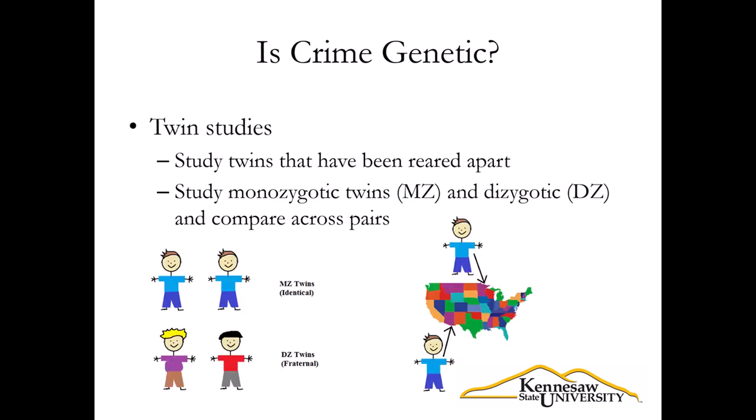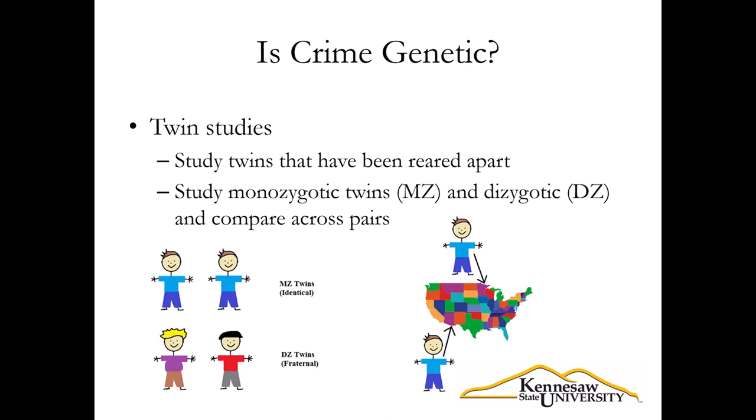So when you think about, well, is crime genetic? This is where the twin studies come in, and you'll read a little bit about those, I'm sure, in Adrian Raine's article and the others as well. Looking at twins, you can try to study them and see, well, we assume that they have similar genes.